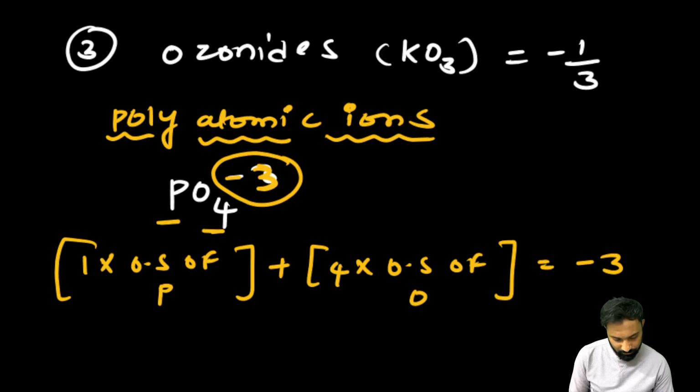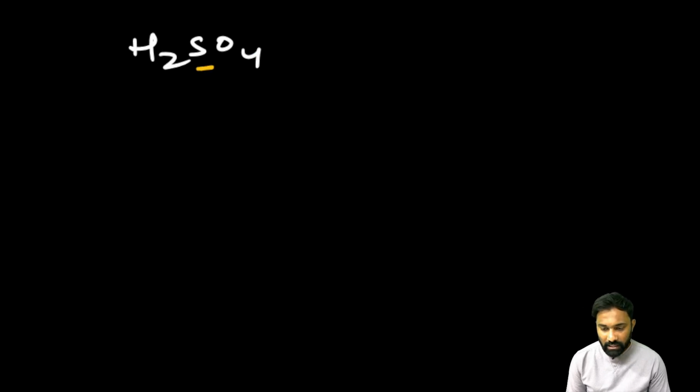Let's suppose this is for a polyatomic ion. Now suppose they have given a molecule without charge. Let's suppose this is one molecule they have given. If you want to calculate the oxidation state of the sulfur here, how to calculate?